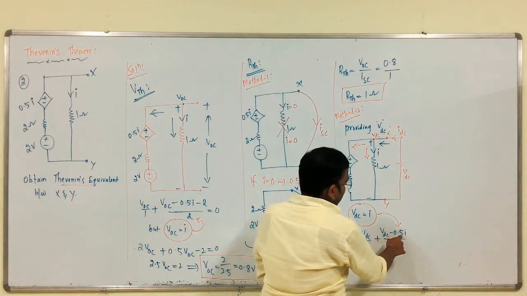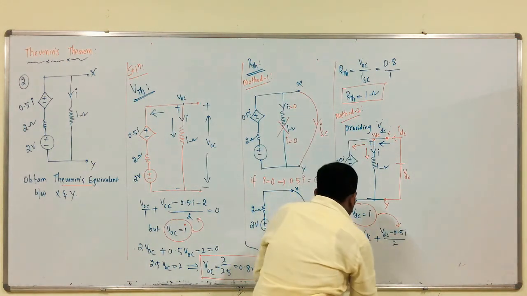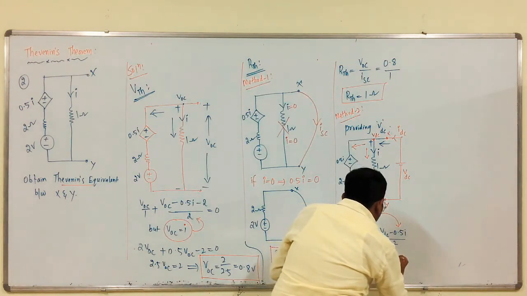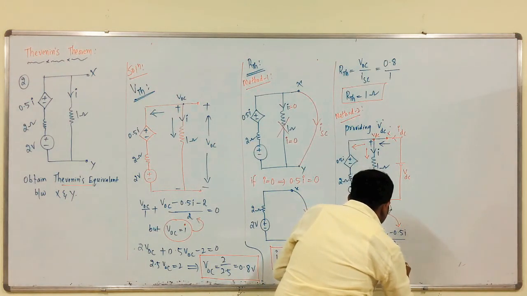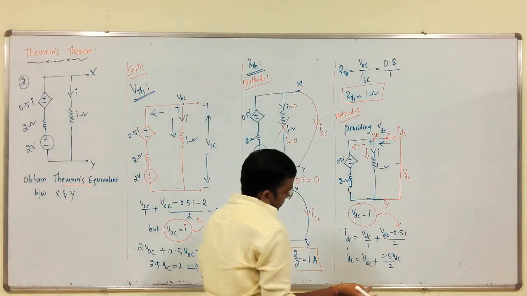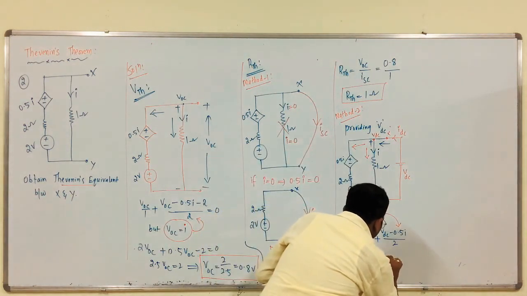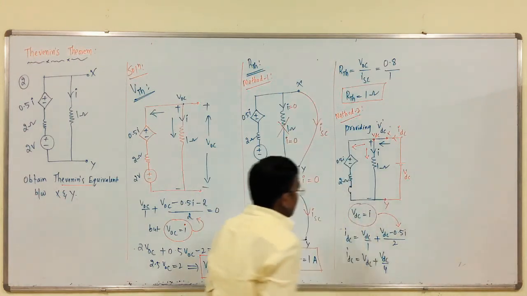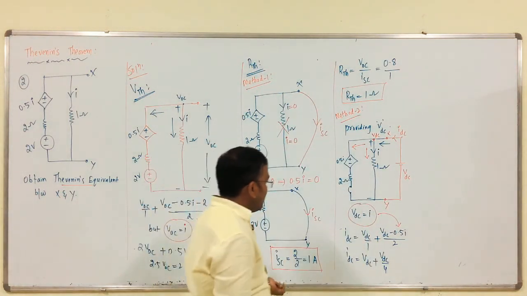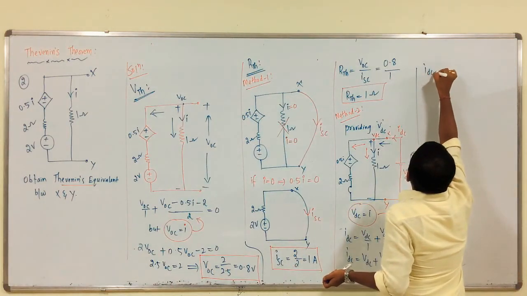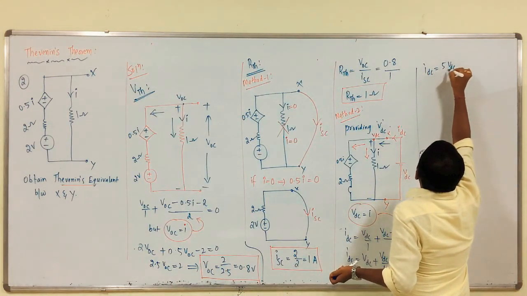So, VDC minus 0.5 VDC, that is IDC is equals to VDC plus 0.5 VDC by 2, which is nothing but VDC by 4. Finally, we have to write 5 VDC by 4. Answer is 5 VDC by 4. Therefore, IDC is equals to 5 VDC by 4.